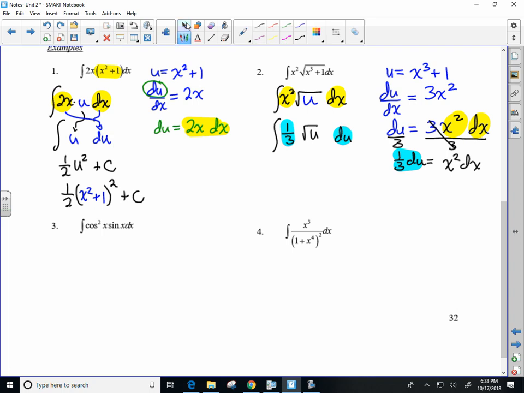I don't like radicals when I'm integrating. 1/3 u to the 1/2 du. Then I can integrate this. All right, so what is the antiderivative of 1/3 u to the 1/2? What did we say? What was the coefficient?